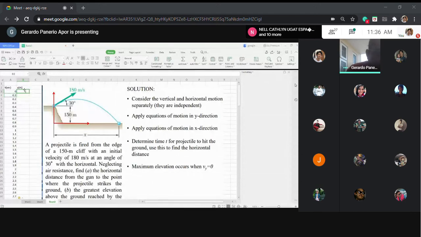that is 150 plus 90 times A3 minus 4.905 times A3 times A3 again. Why multiply that by A3 again? Because that is t squared. And 4.905 is because that is 9.81 divided by 2.